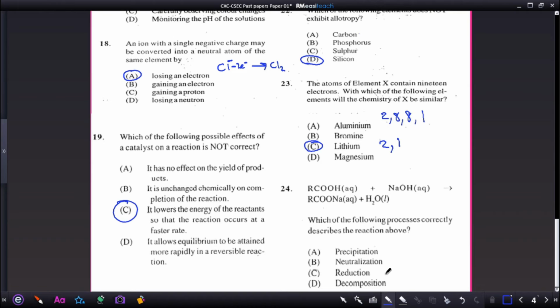It is a neutralization reaction. Nor is it reduction nor decomposition. So the answer is B. Remember, an acid reacting with a base gives you the salt and water, and it's a neutralization reaction. Okay?